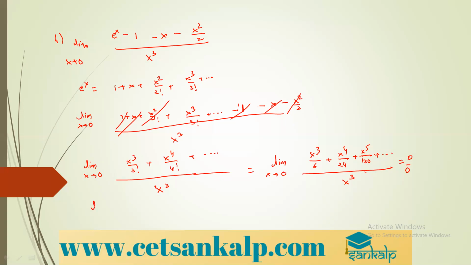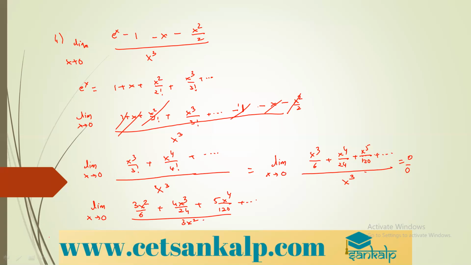So you can apply L'Hopital's rule. How many times you will apply, you see here. You will have 3x squared by 6 plus 4x cubed by 24 plus 5x power 4 by 120, and so on. In the denominator, you will have 3x squared.